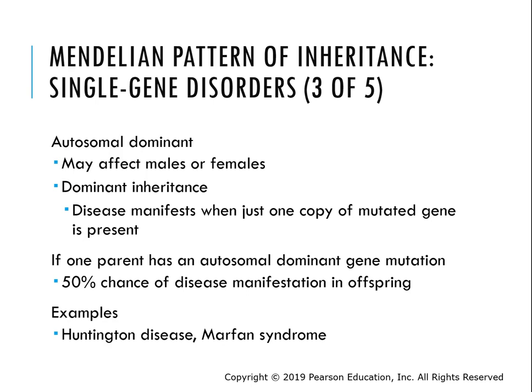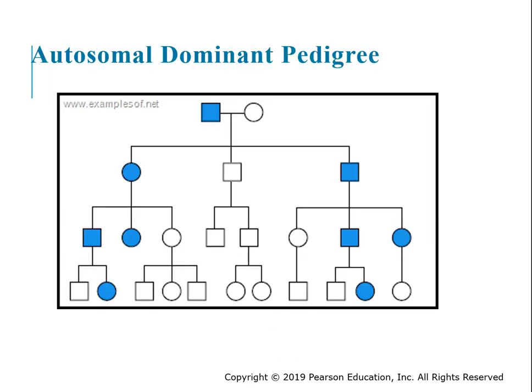If you're homozygous dominant with 2 big C's, you also have the disease, okay? It says here, if one parent has an autosomal dominant gene mutation, okay, just one of those big C's, 50% chance of offspring having that disease. Okay, so some examples, Huntington's disease, Marfan syndrome are some examples here of autosomal dominant. There are other examples of autosomal dominant diseases as well.